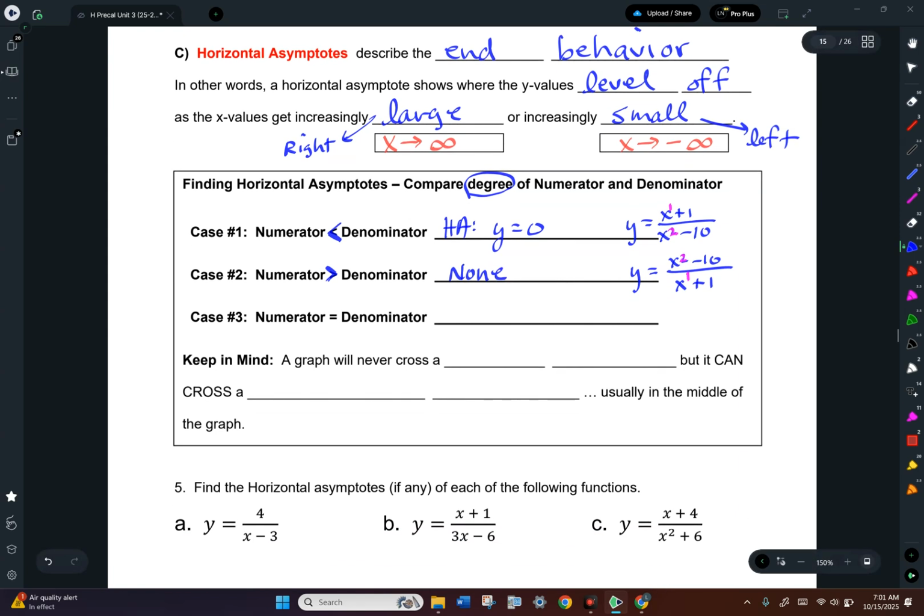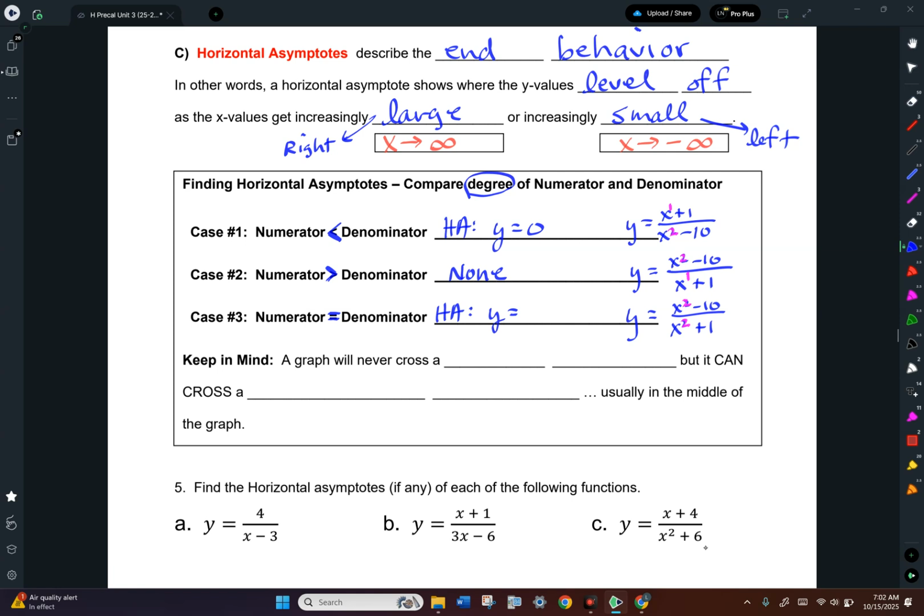And then the third case, what if the degree of the top and the bottom are equal? So maybe you have y equals x squared minus 10 over x squared plus 1. Again, that minus 10 and that plus 1 have nothing to do with the horizontal asymptotes. It's all about the degree of the top compared to the degree of the bottom. So in this case, they were the same. And so for the horizontal asymptote, we say y equals, and then you look at the coefficient from the numerator and the coefficient from the denominator.